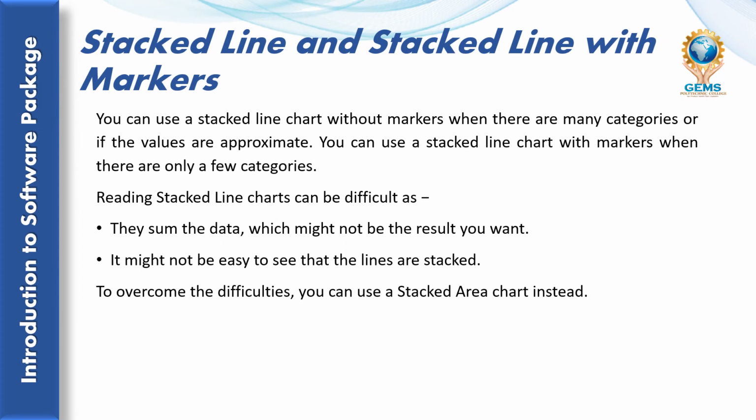This chart can be used when there are many categories or if the values are approximate. You can also use the stacked line chart with markers when there are only a few categories.